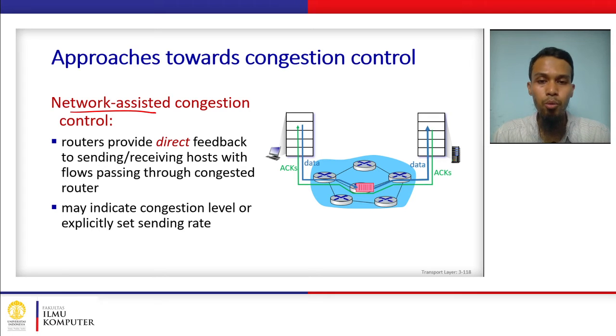So when the data is sent to the server, the router will add 1 bit of information about the congestion: there is congestion in this network. When the server sends the acknowledgement to the client, the server will add this information back to the segment that is sent from the server to the client. So this is also called explicit congestion control.